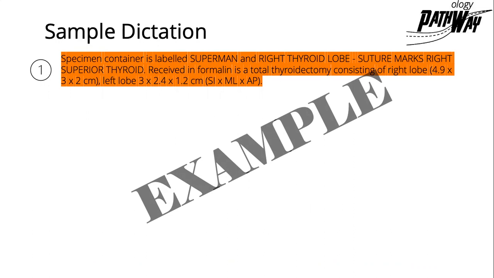Suture marks right superior thyroid. Received in formalin is a total thyroidectomy consisting of right lobe 4.9 by 3 by 2, left lobe 3 by 2.4 by 1.2 centimeters, and this is superior to inferior, medial to lateral, and anterior to posterior.